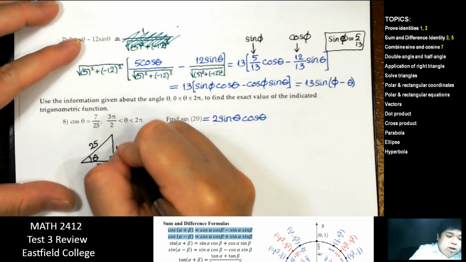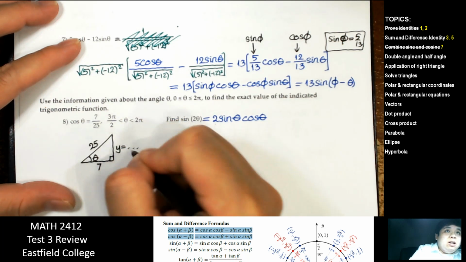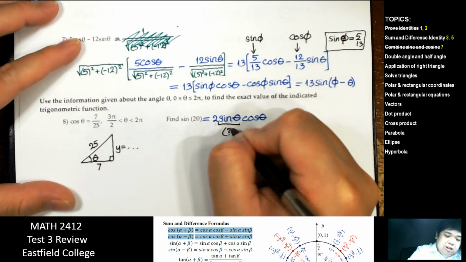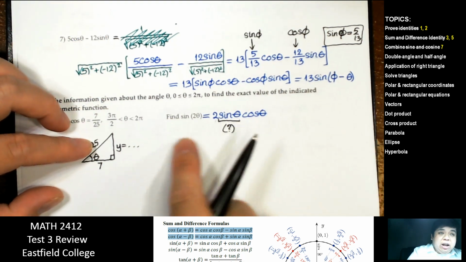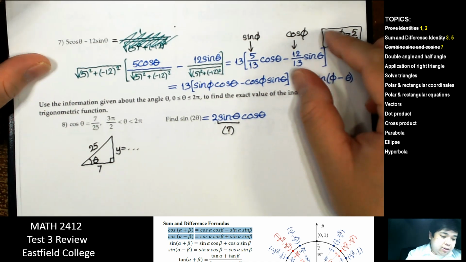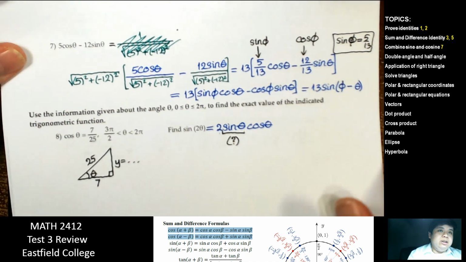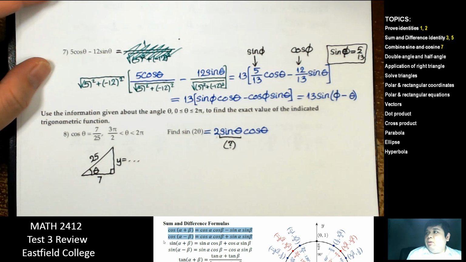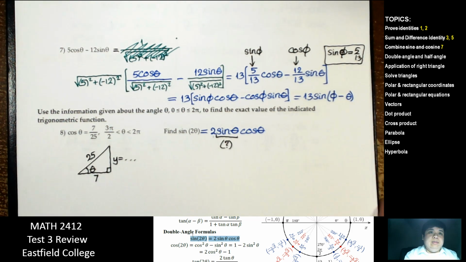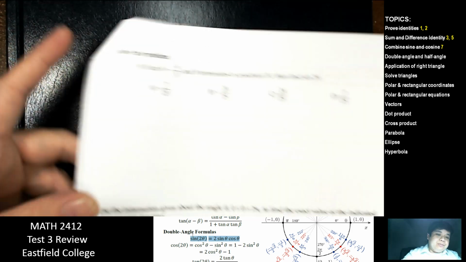We'll find out what is the opposite, and then we find out what is sine. Once we do that, we can finish the problem. So that is the double angle formula. By the way, double angle formula is here.